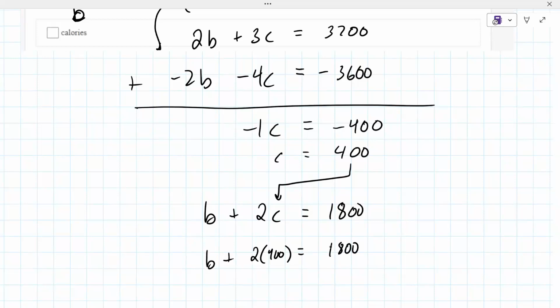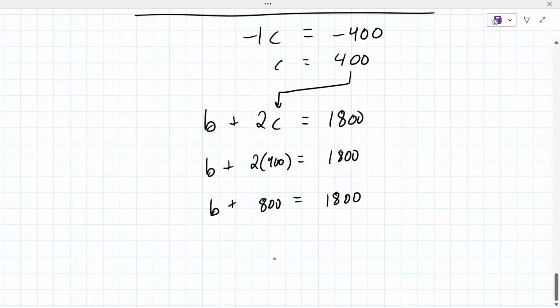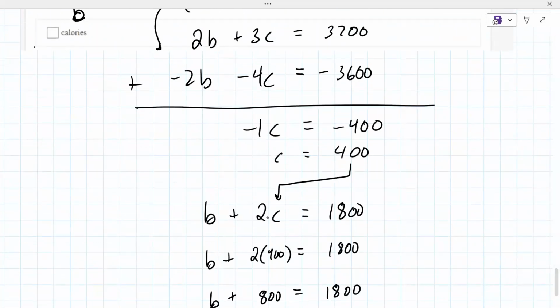What does B end up equaling? You have an answer for B? Yeah, it's 1,000. Yes, B is 1000, and that's what it's asking for. You gotta be really careful to give it just what it's asking for, which is 1000.